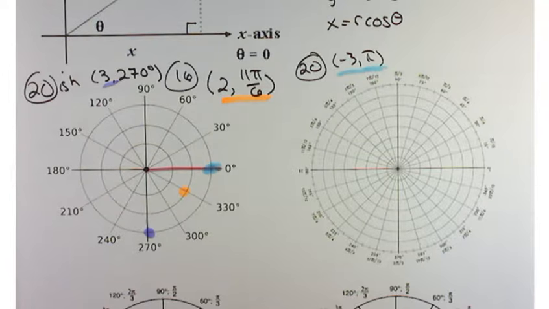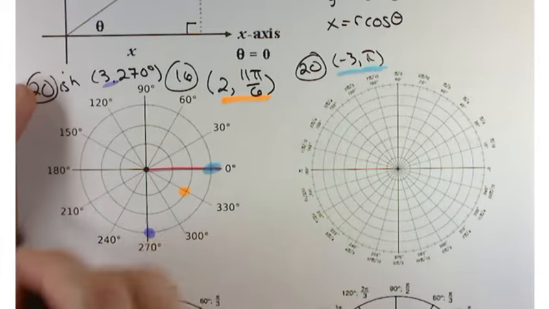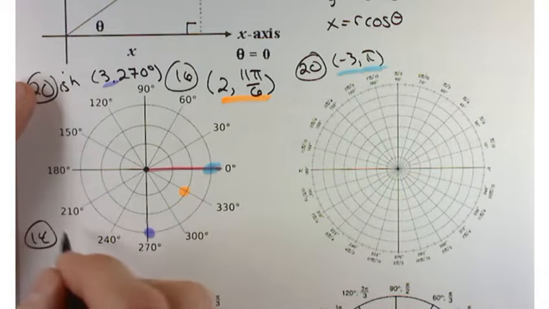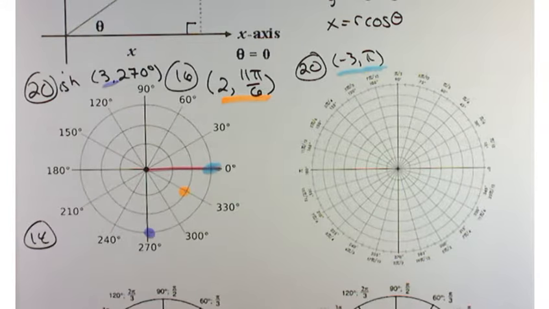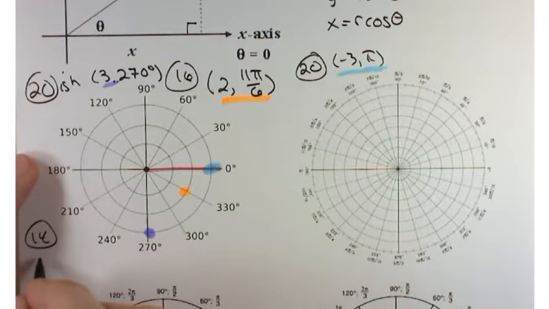Let's practice another one with a negative radius. So let's do problem number 14. -2 and 5 pi over 6.